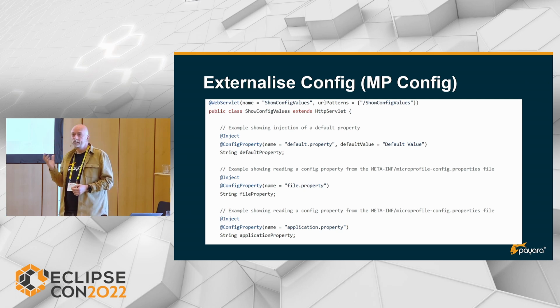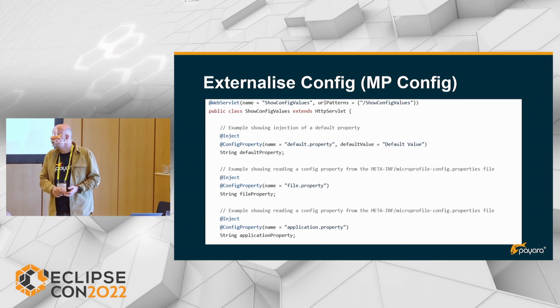The first thing you need to do is externalize config, because you're going to move your application, packaged in a WAR file, between different environments, and MicroProfile gives you an API to externalize config. So you can inject config properties into different parts of your application.